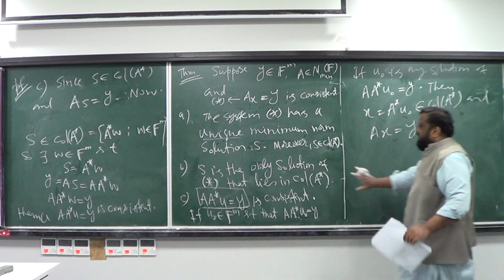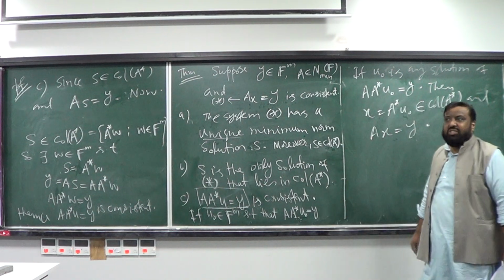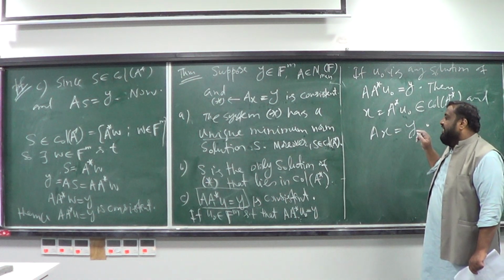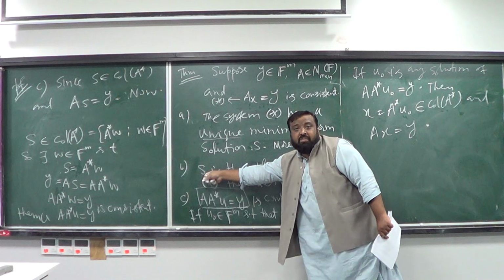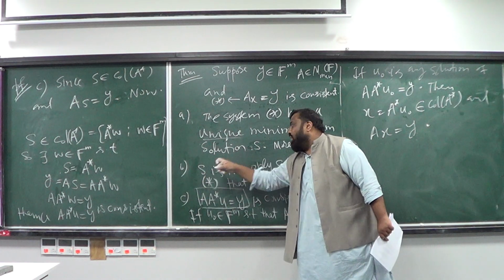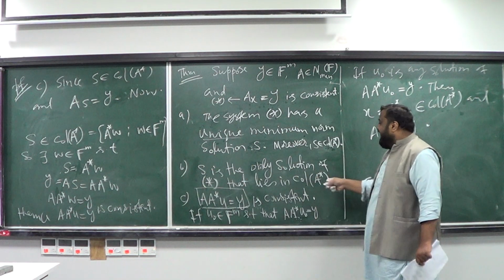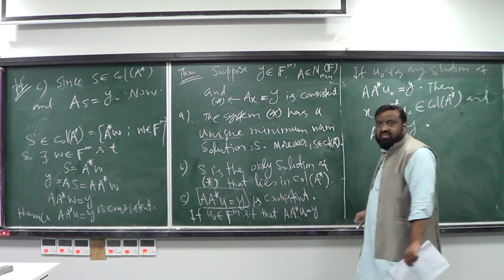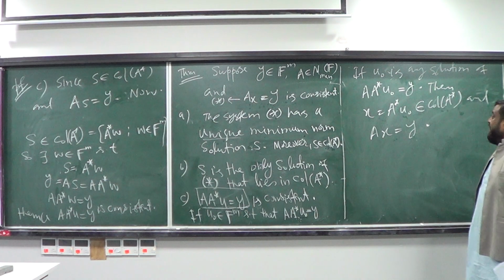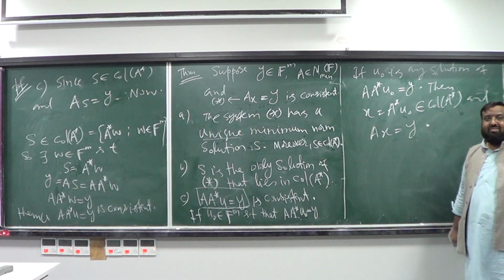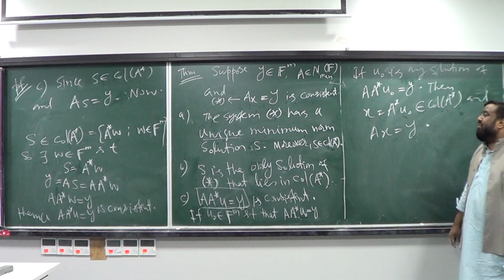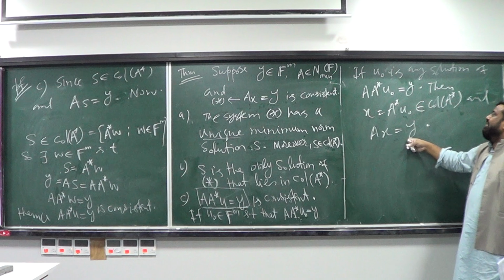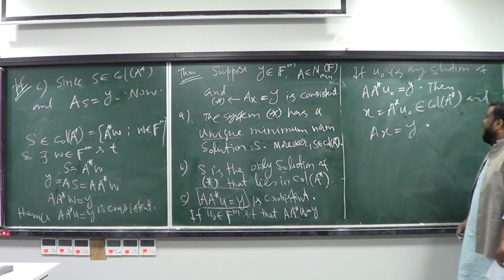But think about part B. Part B tells you something interesting: the minimum norm solution is the only solution that lives in the column space of A star and solves Ax equal to Y. And now you found another solution of the system Ax equal to Y that lives in the column space of A star.